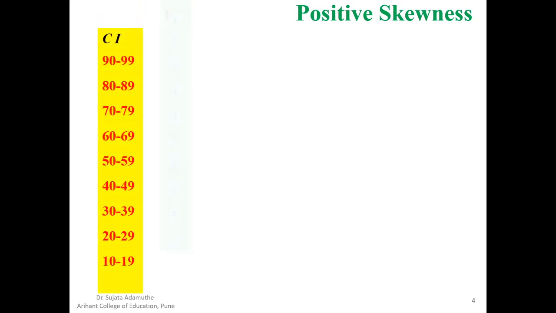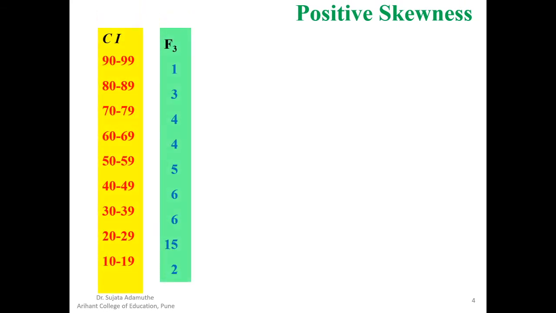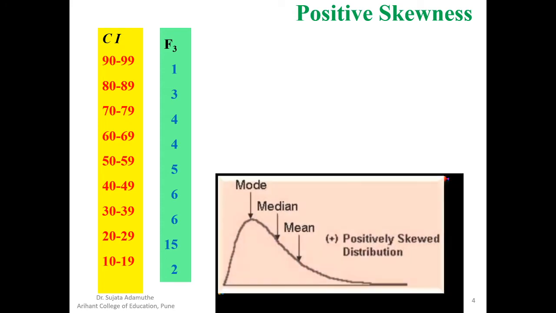See, class intervals are given, and the frequencies of the groups are given here. The highest frequency is 15, of the 20-29 group. If we plot the curve of the frequencies, you can see the curve will come like this.